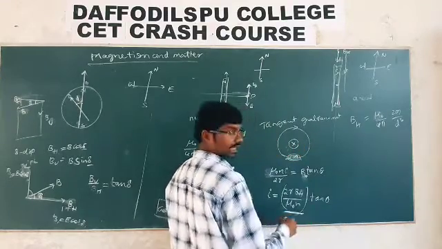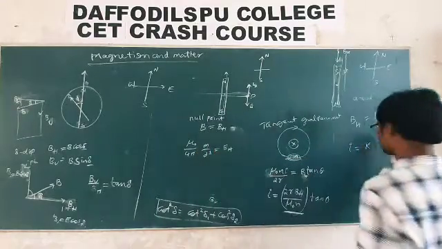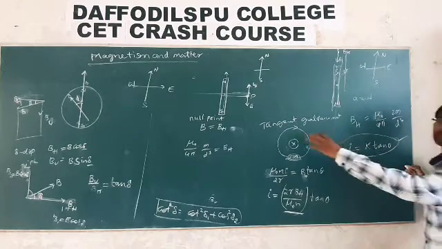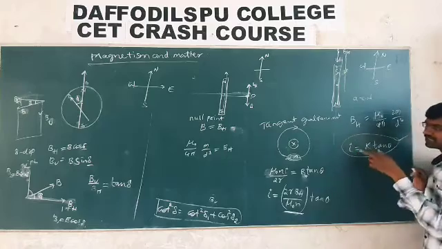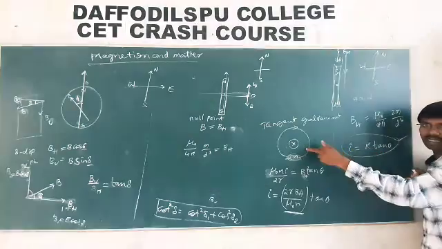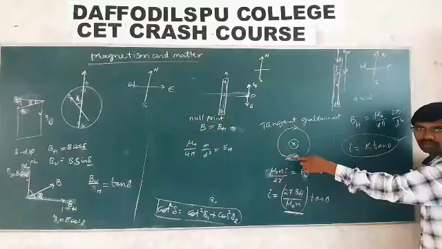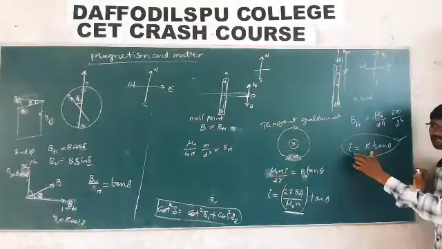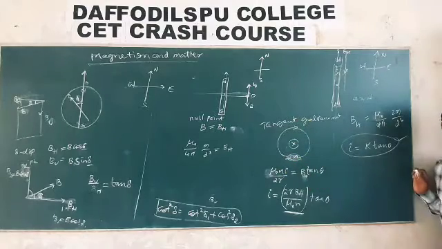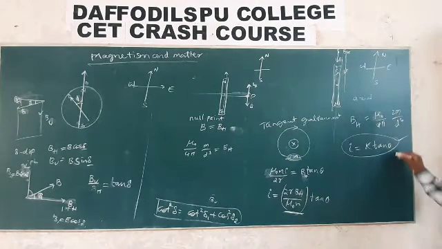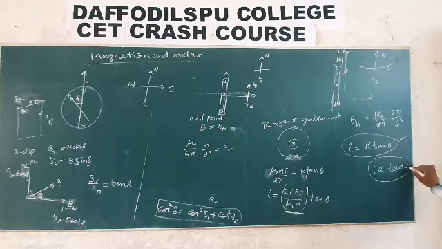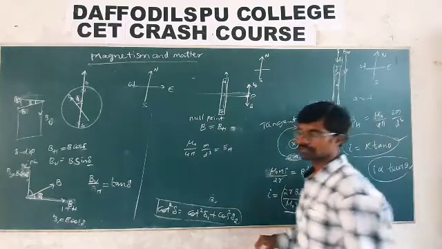This value we take as a constant. Then I is equal to some constant into tan theta, and this is called the tangent galvanometer, which means the current flowing through the coil is directly proportional to the deflection of the magnetic compass. Then I is proportional to tan theta. So this is about the tangent galvanometer.